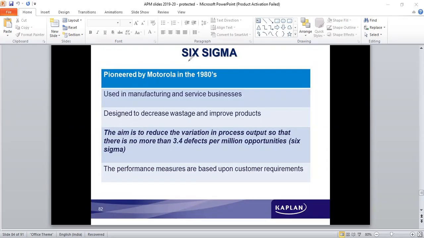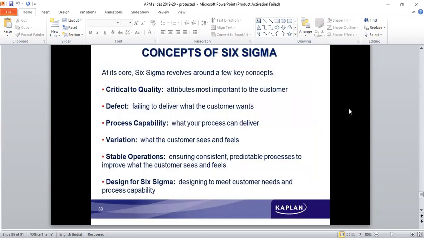So the number of defective units is very low, around 3.4 defective pieces for every 1 million units produced. This concept of Six Sigma is not only applicable in manufacturing business, it is also used in service businesses. So that is what we're going to look into.